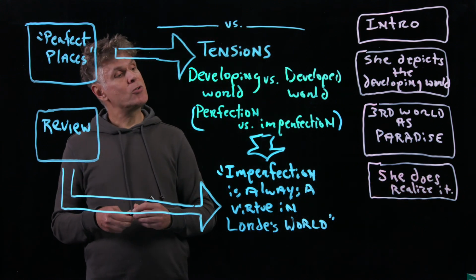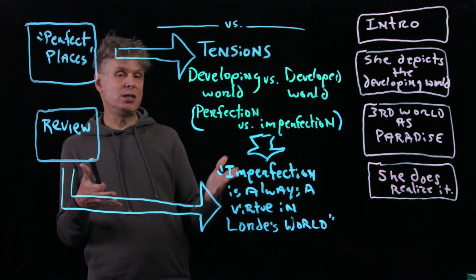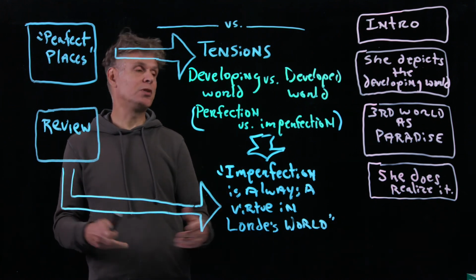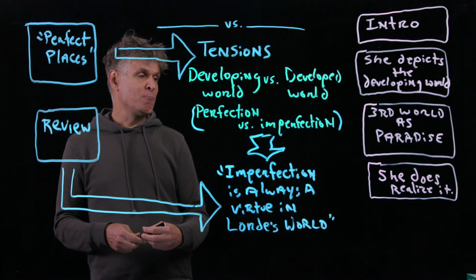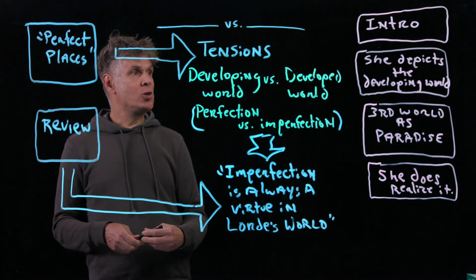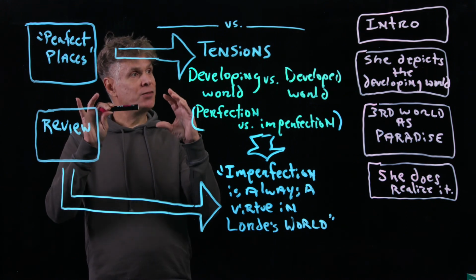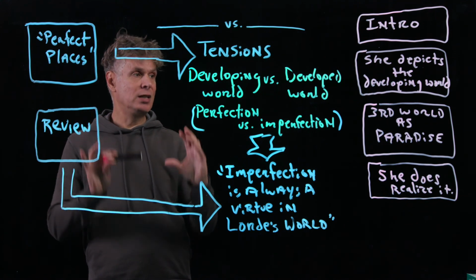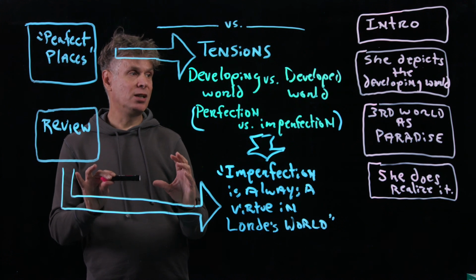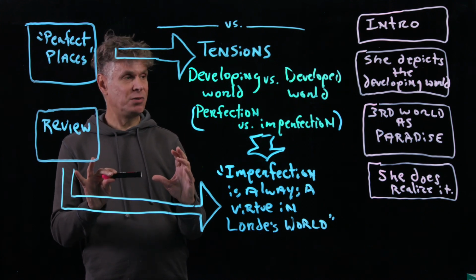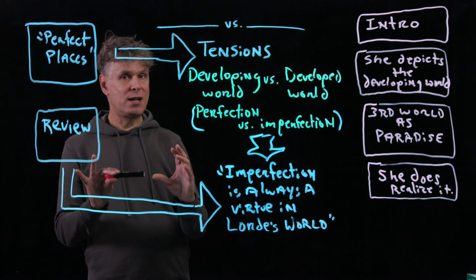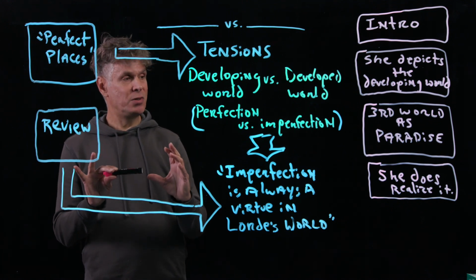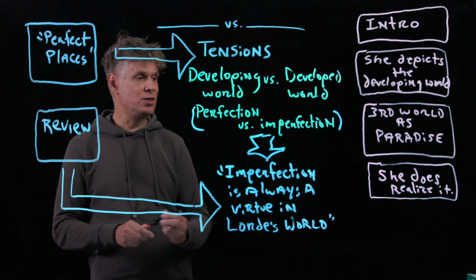And I'm going to show from the video where I think she indicates that she's depicting these places in an over-perfect way. So, intro, bio stuff, then how she depicts it, showing evidence from the text. Then I'm going to interpret that. It's kind of a paradise, this weird primitive world where there's no technology and there's no pollution. And it's super unrealistic. But then she realizes that she's doing that.